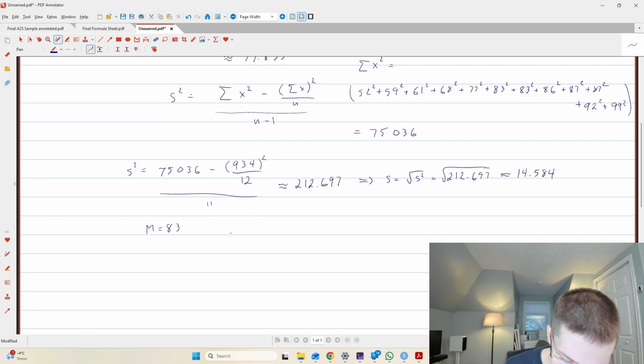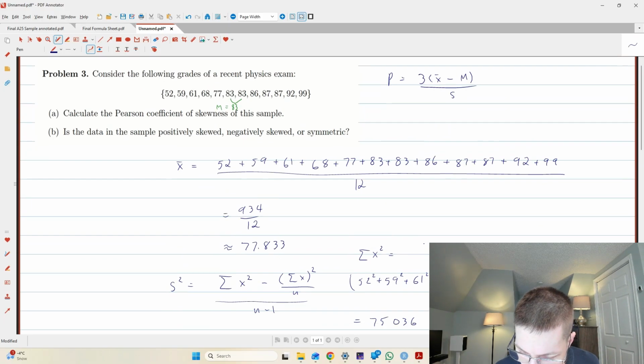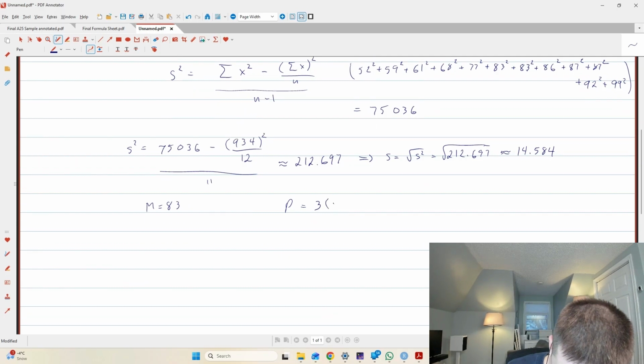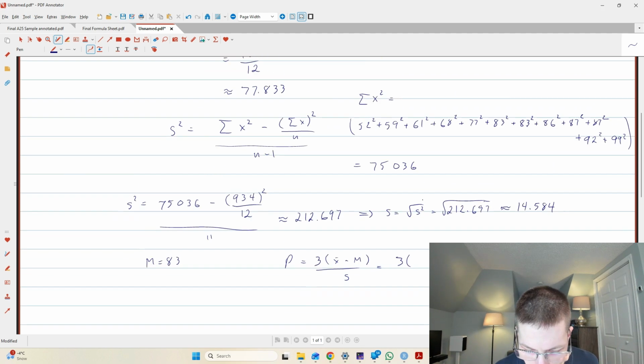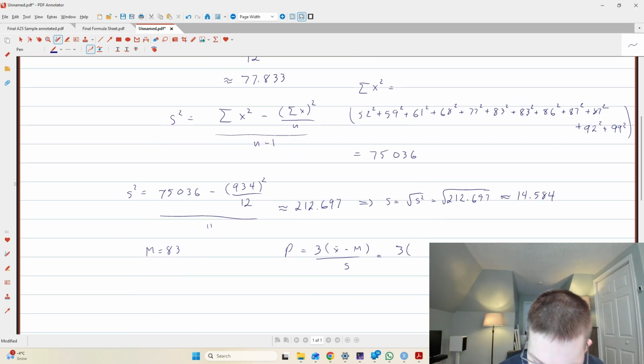And now I can compute p. So p is going to be 3 x bar minus m over s. So I've got 3 times x bar again, 77.833, minus 83. You can see it's going to be negative here.